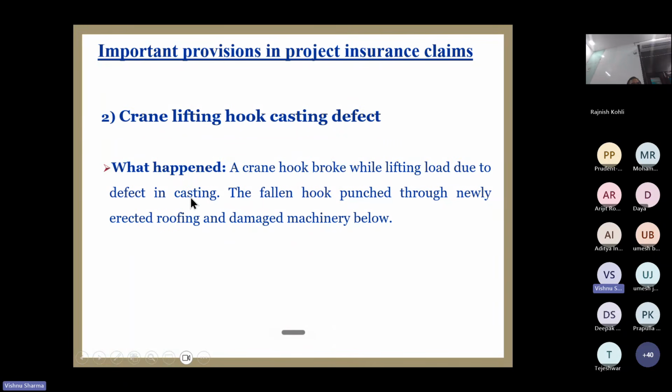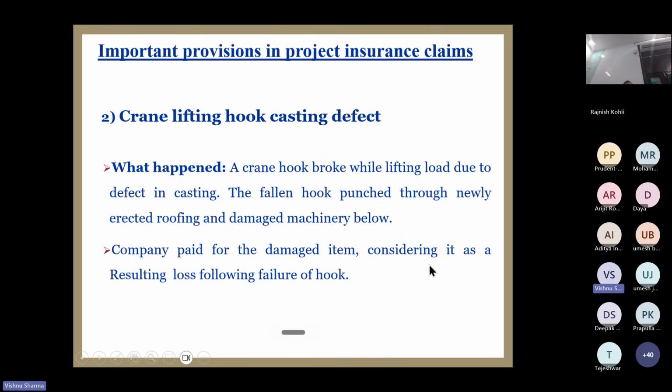The hook at the top, U shape, half U, broke away due to failure in casting. Because of that there was damage to the newly erected roofing and the machinery down below.